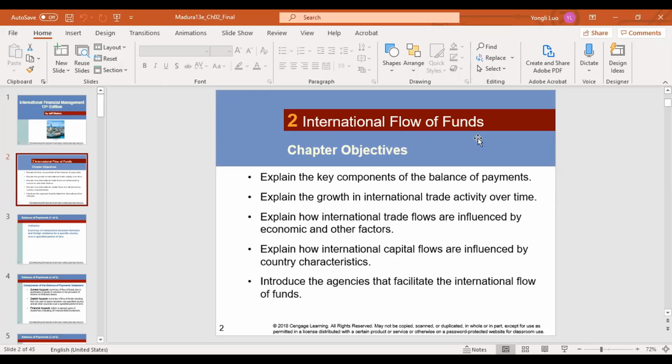Explain how international trade flows are influenced by economic and other factors. 4. Explain how international capital flows are influenced by country characteristics. 5. Introduce the agencies that facilitate the international flow of funds.